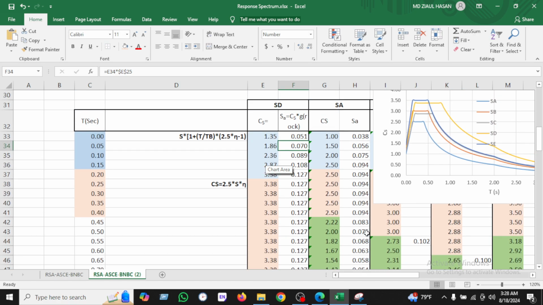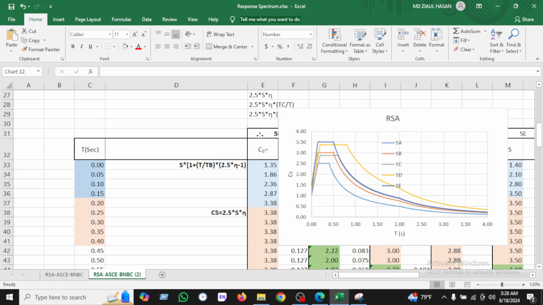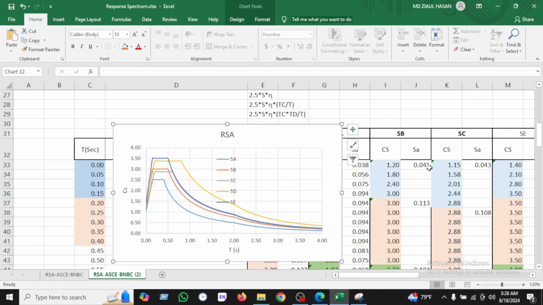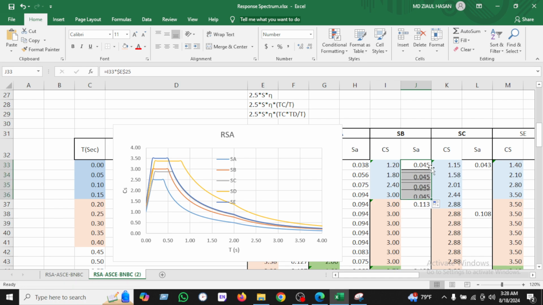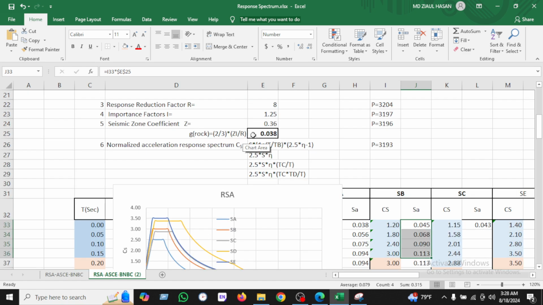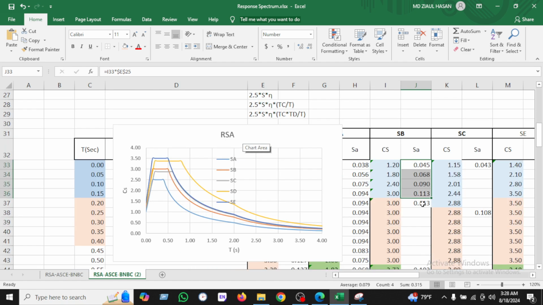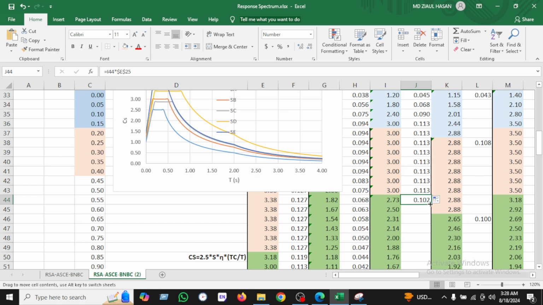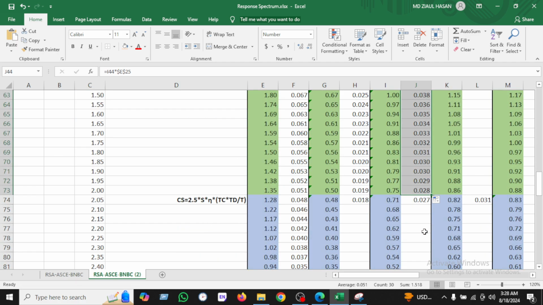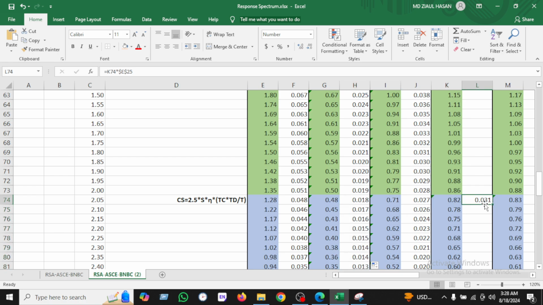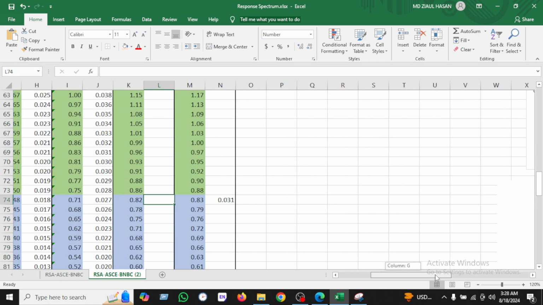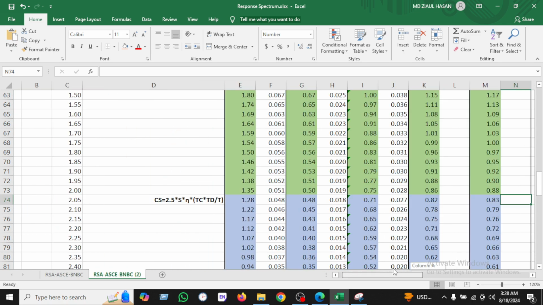There is nothing new. So CS into this, we can find all the values are the same. I'm just deleting this value, it's irritating because we don't need it.